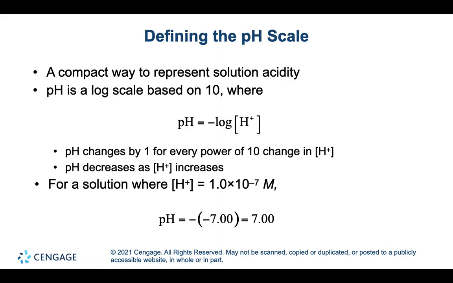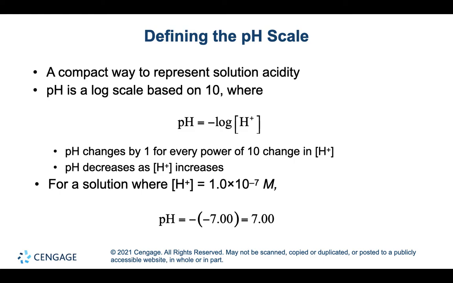So in a similar way, every one number on the pH scale is actually a power of 10 difference in the molarity of H+. But unlike the Richter scale, where bigger numbers are stronger earthquakes, pH actually gets smaller as H+ increases because we're taking the negative log of the H+ molarity.